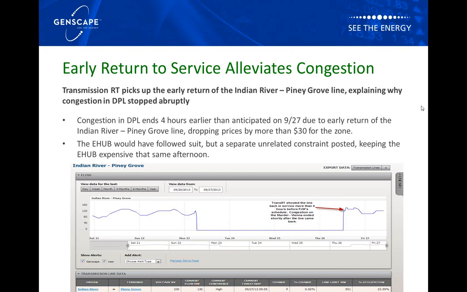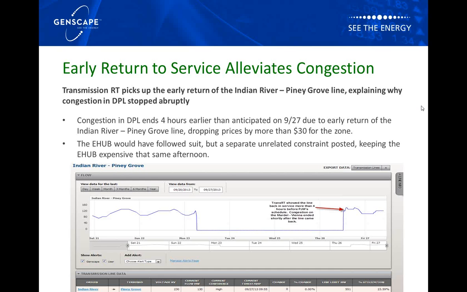They just had another constraint occurring on the same day that kept the East Hub slightly propped up. But it's a good example of really an educational tool that our customers use to understand the inner workings of the congestion, and it gives you a much better picture of a really sensitive spot, especially on the PJM side, like DPL.